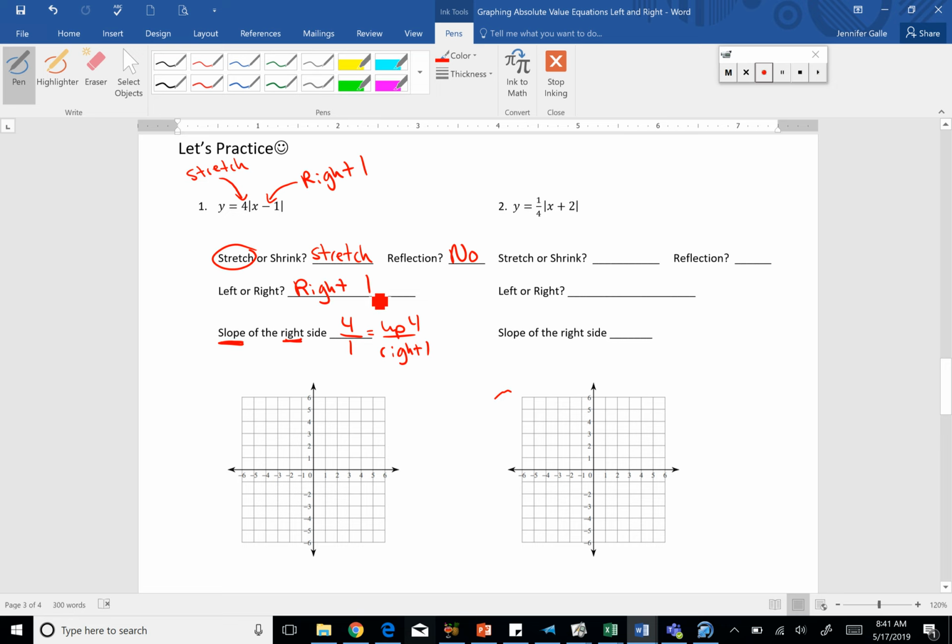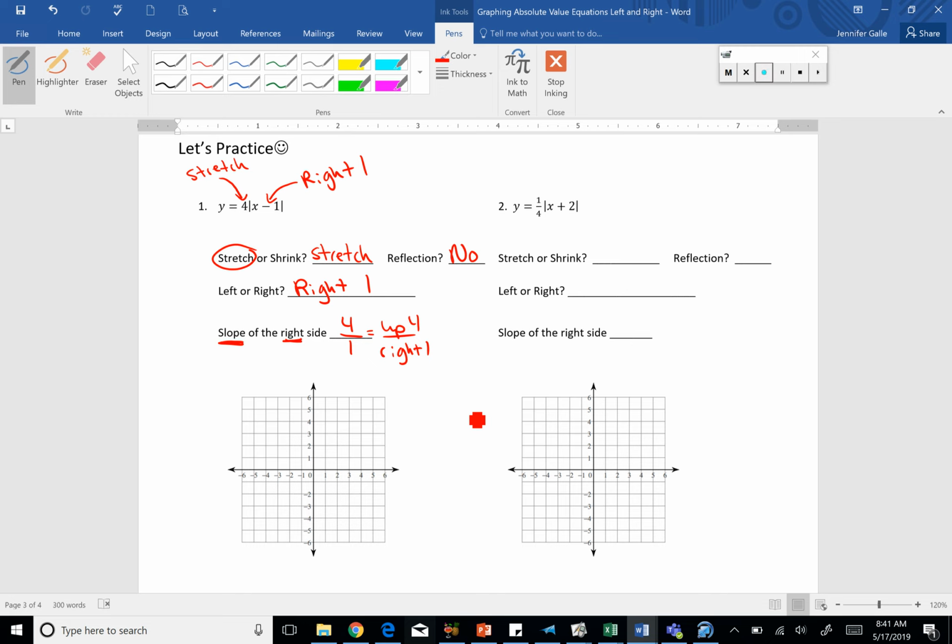Now I know I'm labeling some of those things right up on the equation, and then I'm filling in those lines that I have for you. I wanted to label it on the equation so when you look back down at those lines we filled in, you know which part, what did the 4 tell me, and what did the -1 tell me.